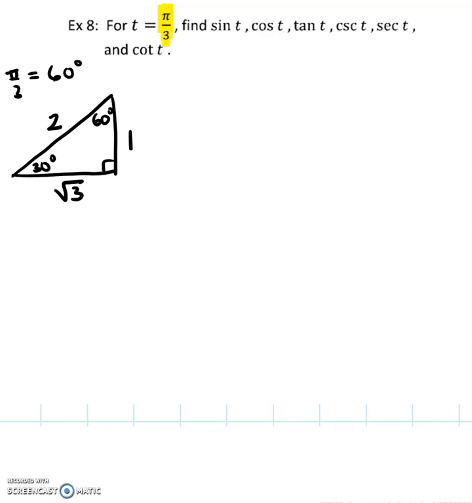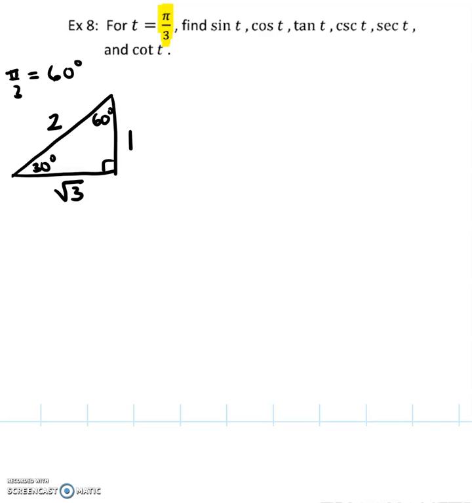It's really important to understand the positions of these sides based on the angles that are opposite. So just to remind you, the side opposite of 30 degrees is 1, and the side opposite of 60 degrees is square root of 3.